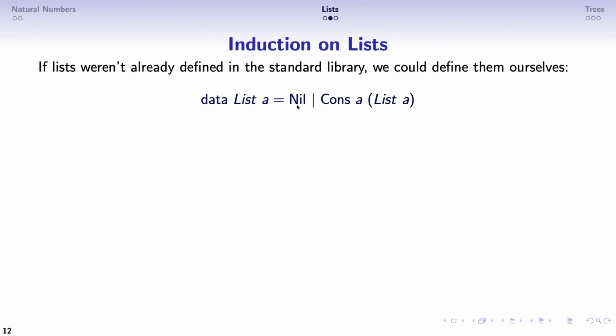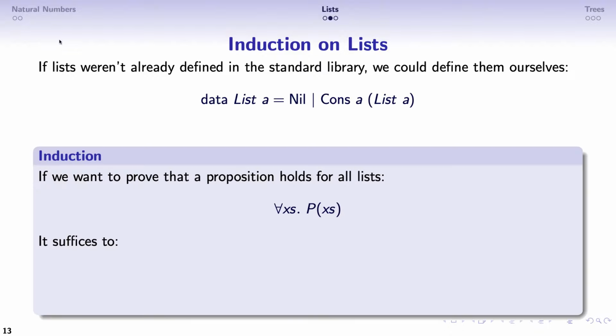It doesn't require any arguments. And it's the empty list. And then we have this cons cell that has a value and another list, which is the tail, the rest of the list. So this is our definition. This gives us a hint as to how we do induction on lists. We have a base case for this non-recursive case here, and an inductive case for this recursive one.